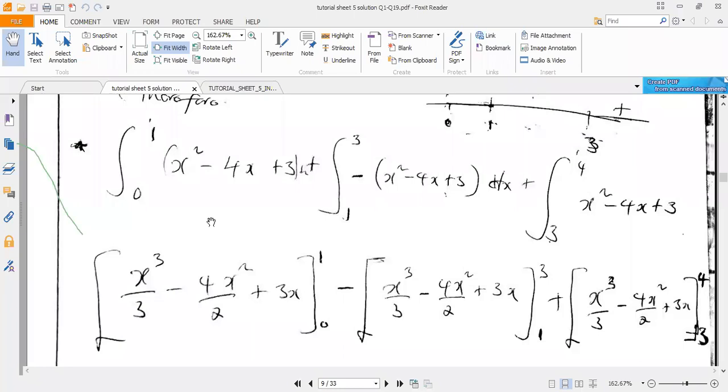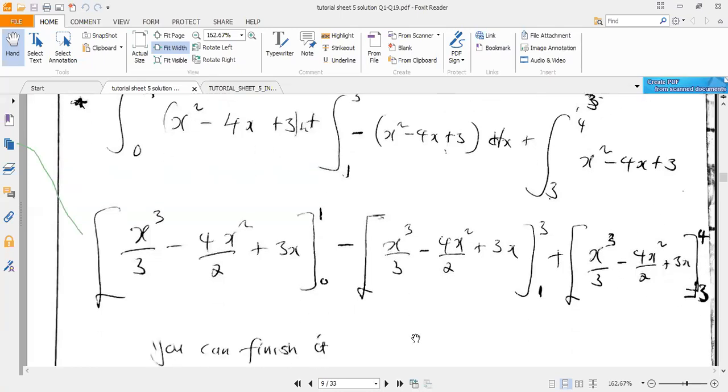x to the 3 over 3 minus 4x to the 2 over 2 plus 3x, on the interval 0 to 1. Minus, because of this minus inside here, instead of positive it will now become minus x to the 3 over 3 and so on, with the interval from 1 to 3, and also the last one with the interval from 3 to 4.